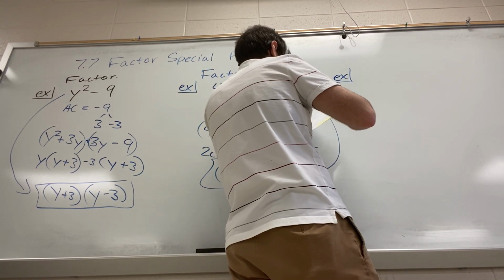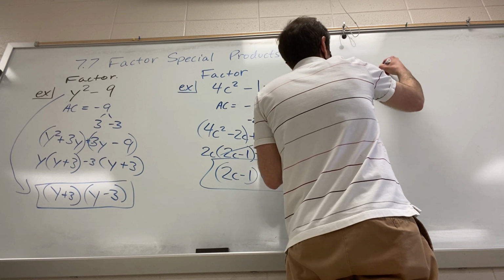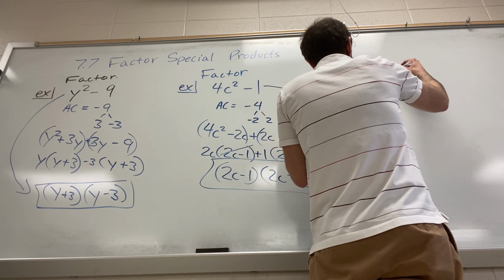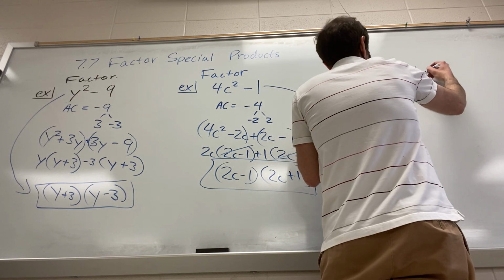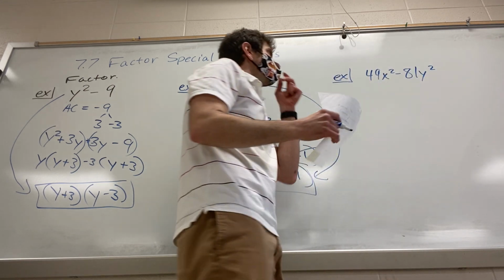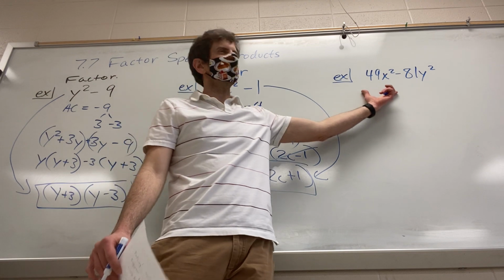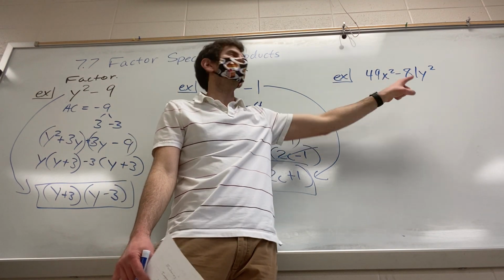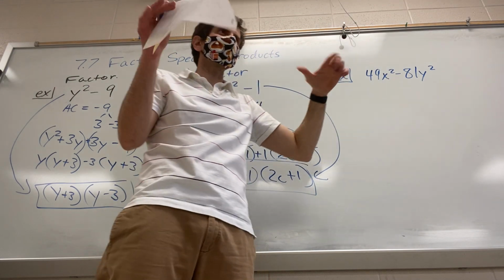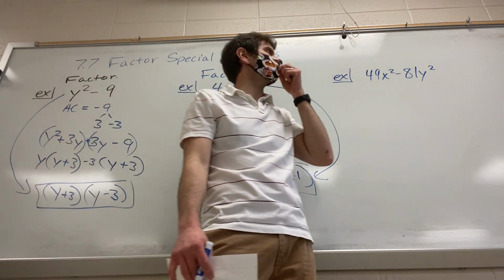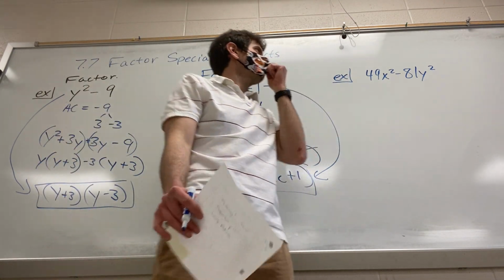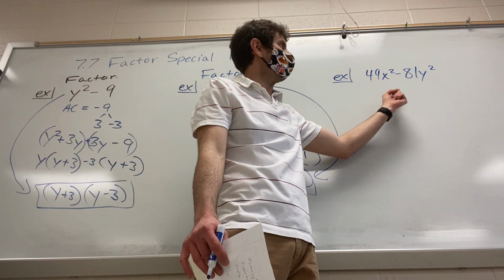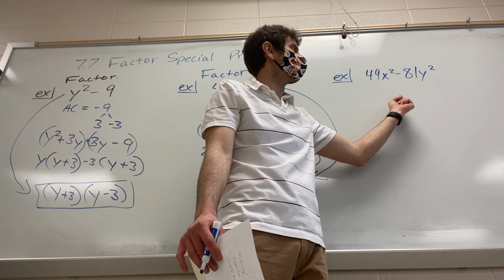Okay, so let me do one more. But this time, I'm not going to make you work it out the whole way. I'm just going to tell you what the answer is to really drive home the pattern. Take a look at this. If you're going to do the AC method, this would take a while, wouldn't it? You're going to have big numbers, and you're going to have the extra y going on, which we found out really isn't a big deal. But when you split up your middle term, you'd have to have an xy, xy.